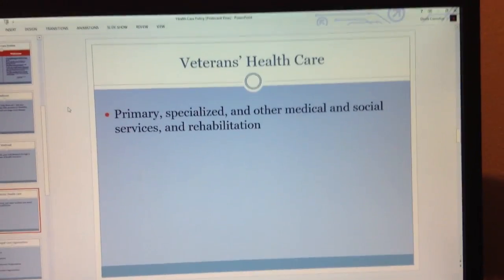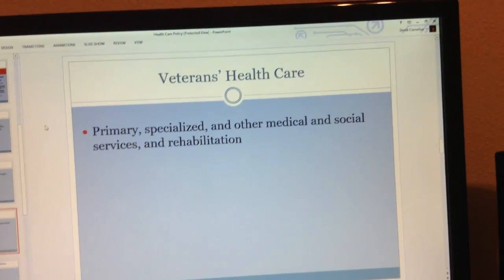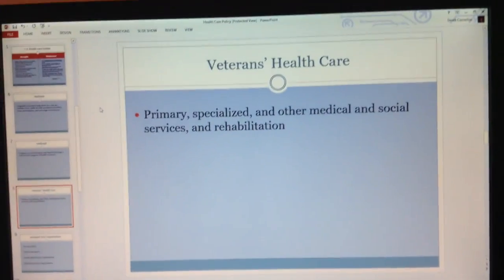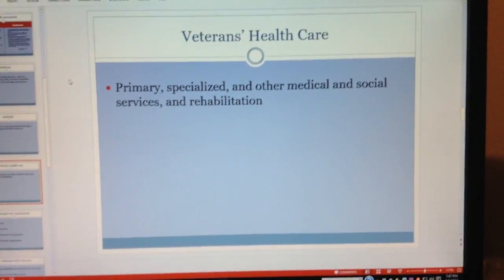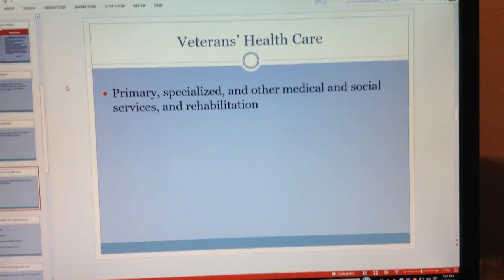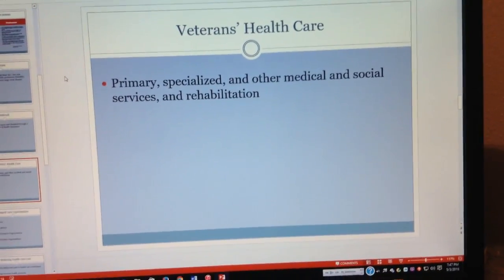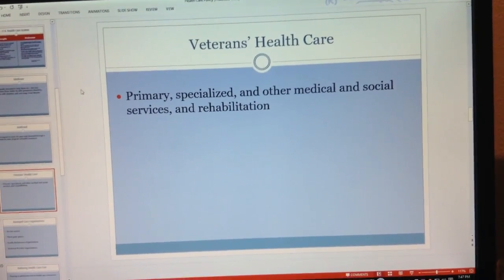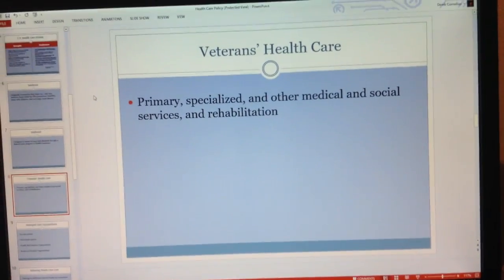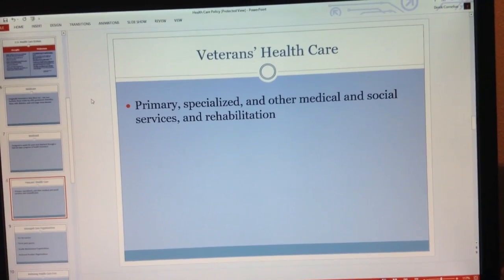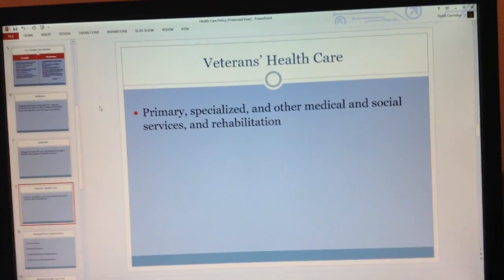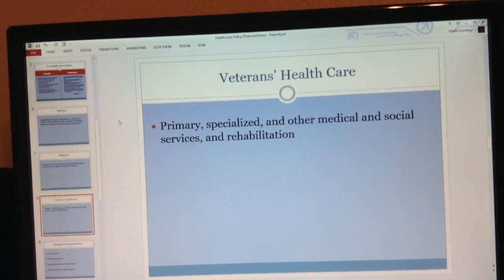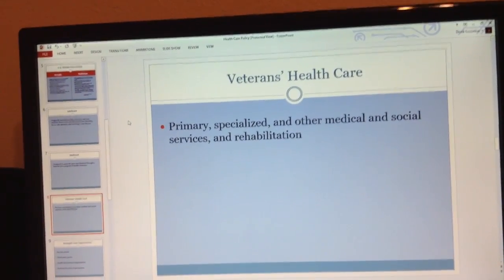Veteran healthcare is also a healthcare system that's offered. It's primary, specialized, and other medical and social services, as well as rehabilitation for veterans. In many areas of the country, several medical centers and clinics work together to offer services to area veterans as a healthcare system in an effort to provide more efficient care.